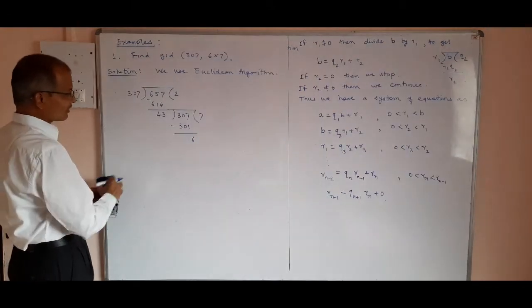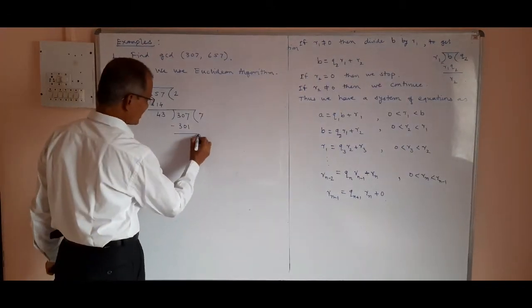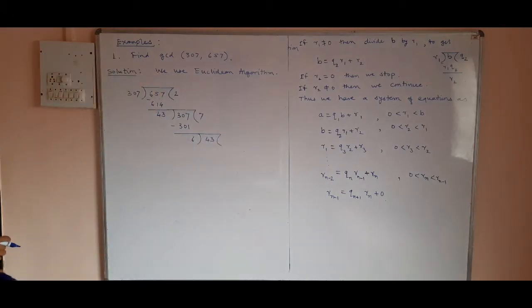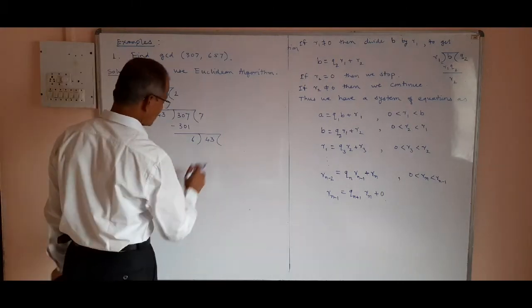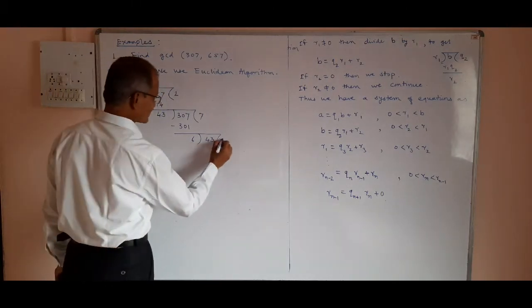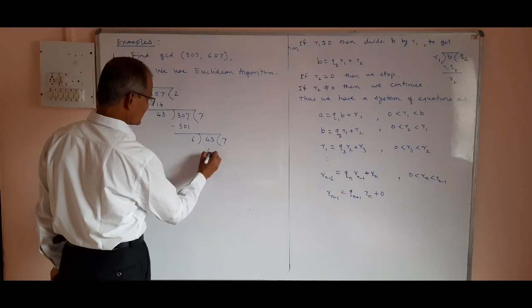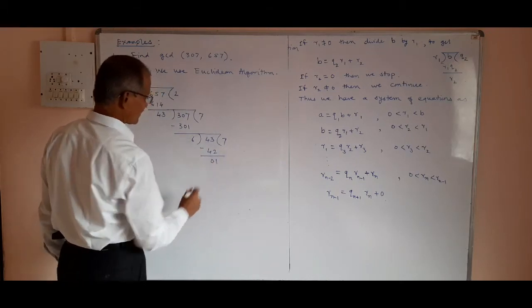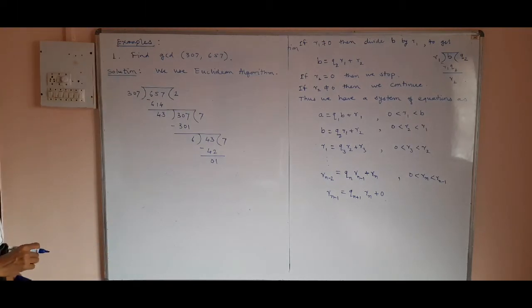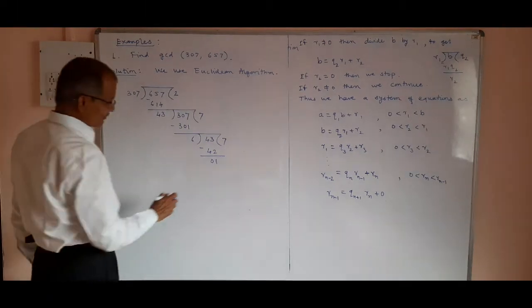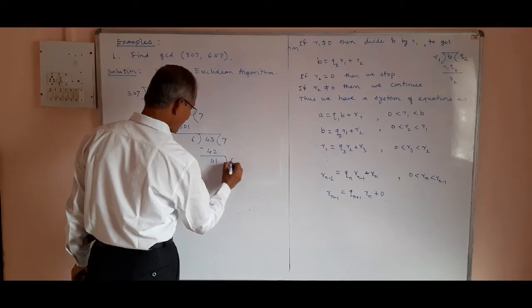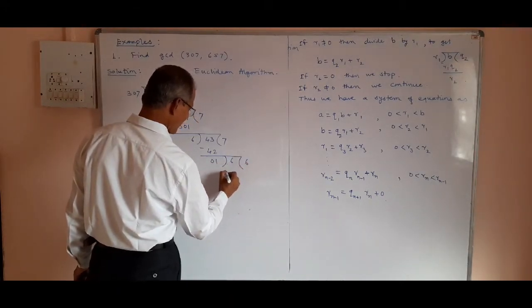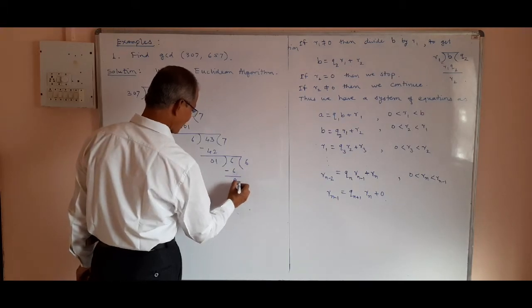Now this 43 we have to divide by 6, and now what is the quotient here? 7, and 7 times 6 is 42, so the remainder will be 1, and then now we have to divide 6 by 1, and now obviously the quotient is 6 and the remainder is 0.